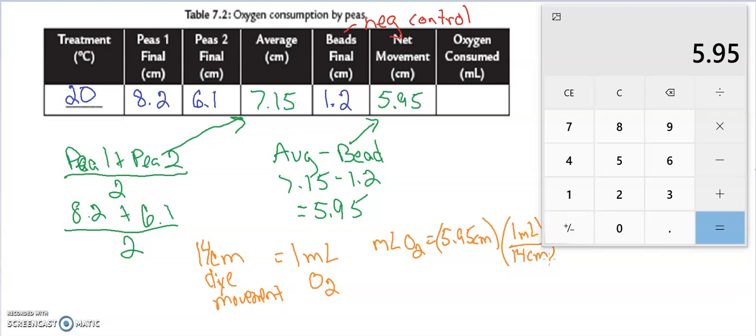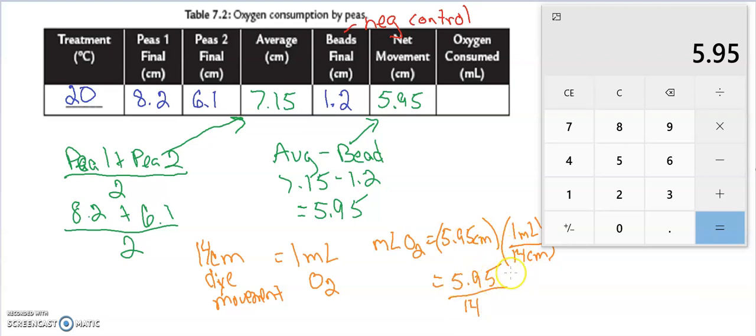So now from here, you're doing your algebra, however you do your algebra. Honestly, I just get rid of the 1 because 1 times anything is itself, right? So I basically think about this as 5.95 divided by 14.